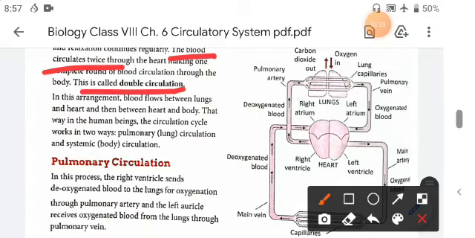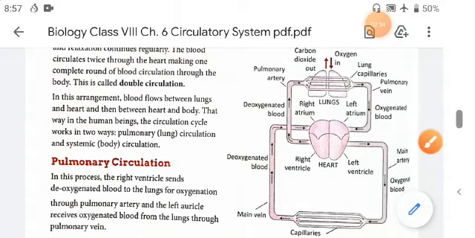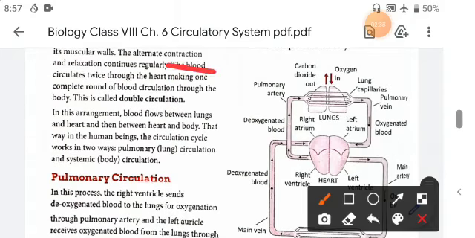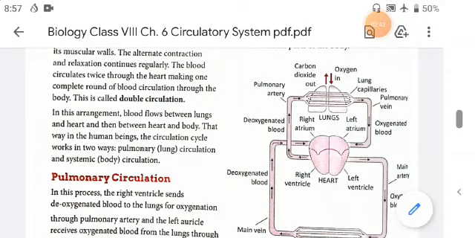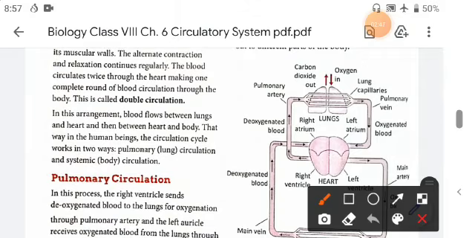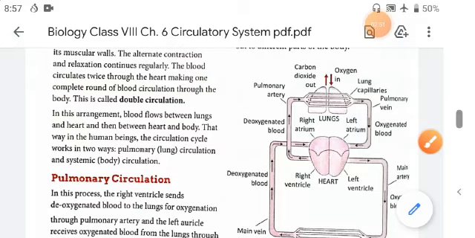Since blood circulates twice, this circulation is called the double circulation. The question is, what is double circulation? The blood circulates twice through the heart, making one complete round of blood circulation through the body, and this is called the double circulation.